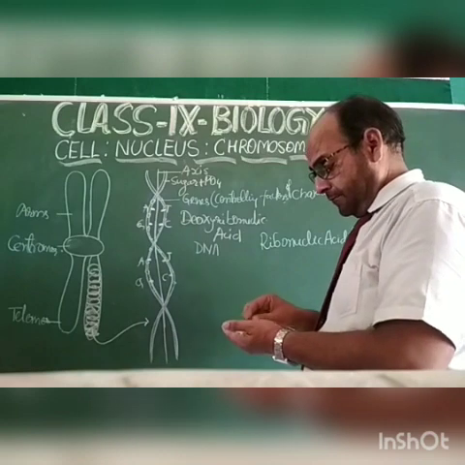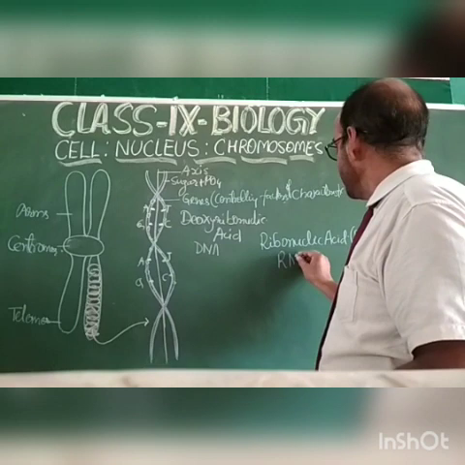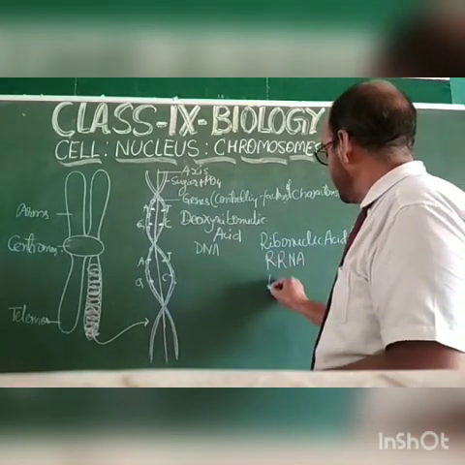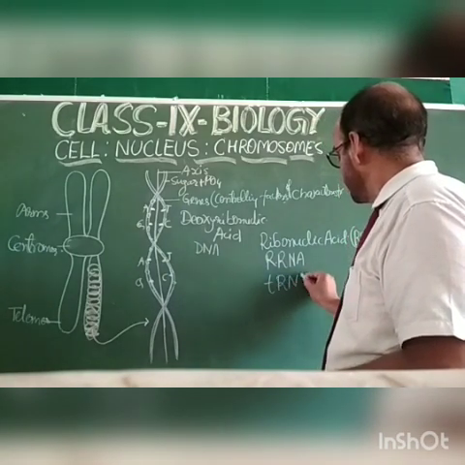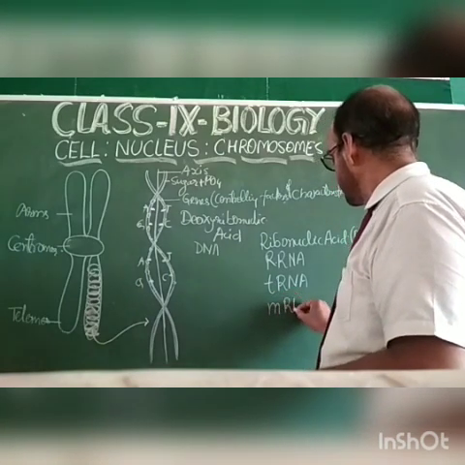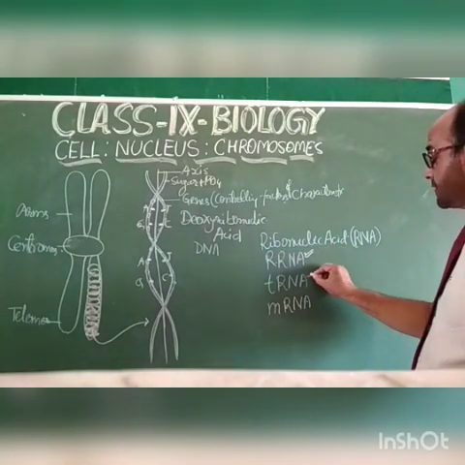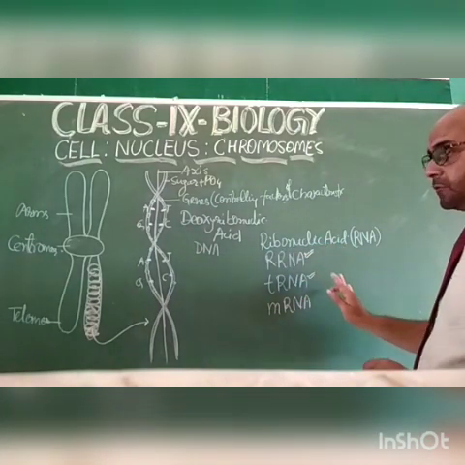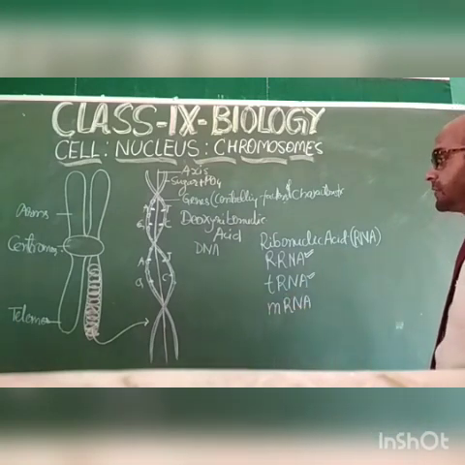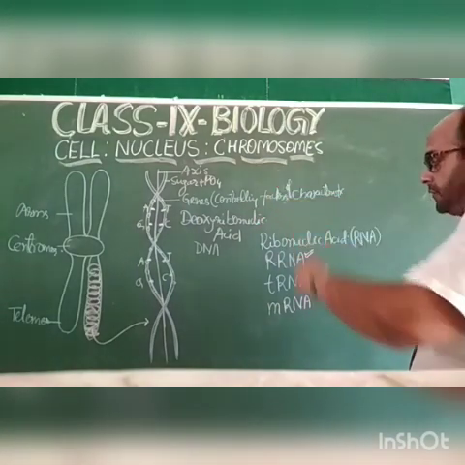RNA is of three types: rRNA, tRNA, and mRNA. This is found in the ribosomes. tRNA is the transfer RNA, which carries the different types of protein, and mRNA is the messenger RNA, which messages the ribosomes that you have to manufacture the kind of protein required by the new DNA.